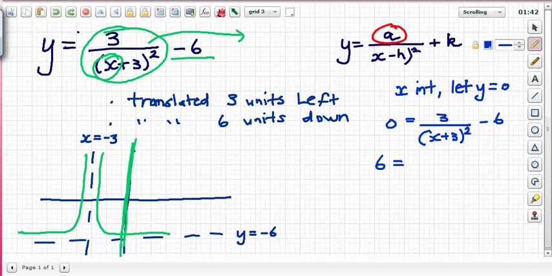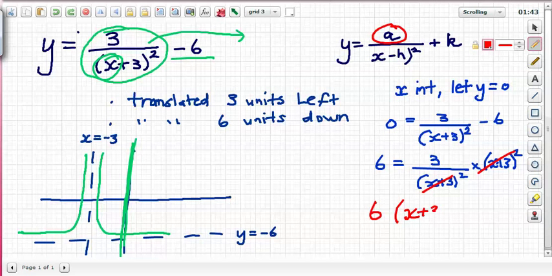Adding 6 to both sides gives us 6 equals 3 over (x plus 3) all squared. I don't want this (x plus 3) all squared on this side, so I'm going to multiply both sides by (x plus 3) all squared, which of course cancels that out, isn't it? On the other side we're going to have 6 times (x plus 3) all squared is equal to 3.